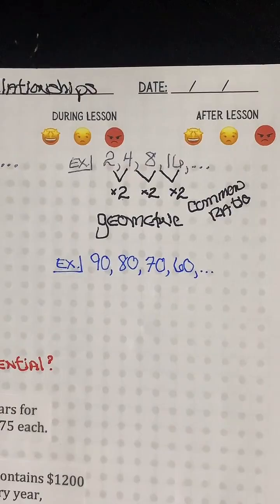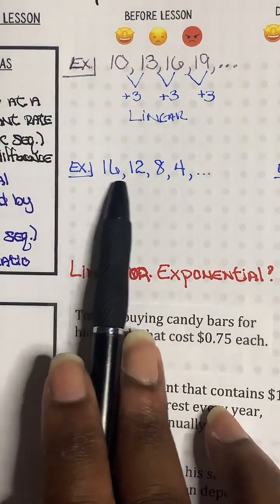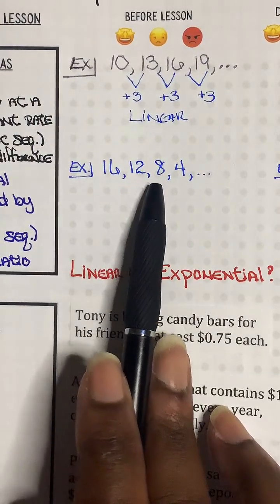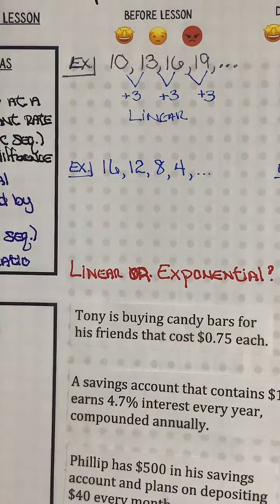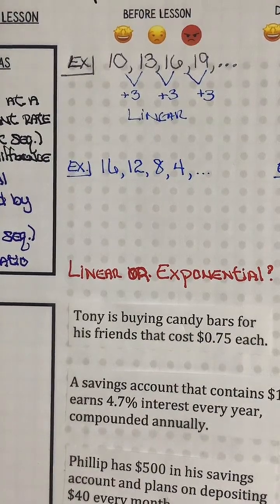All right. So now, taking a look at this one. This time we have 16, 12, 8, and 4. What's the pattern? Okay, what's the pattern? 16, 12, 8, and 4.